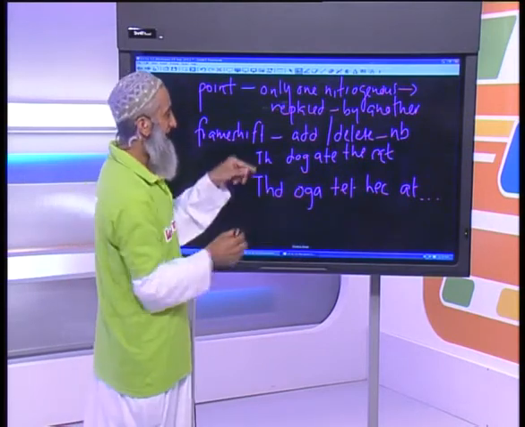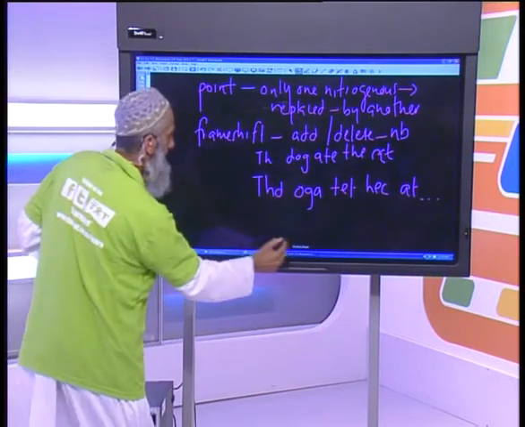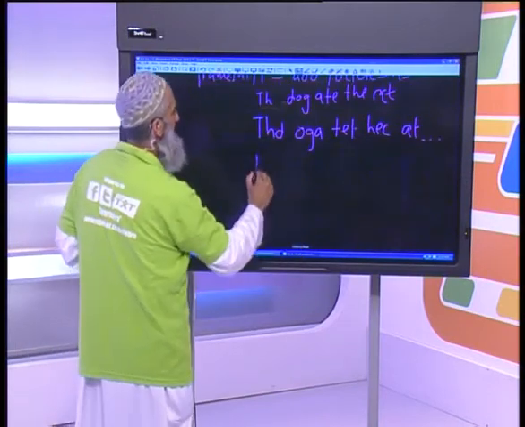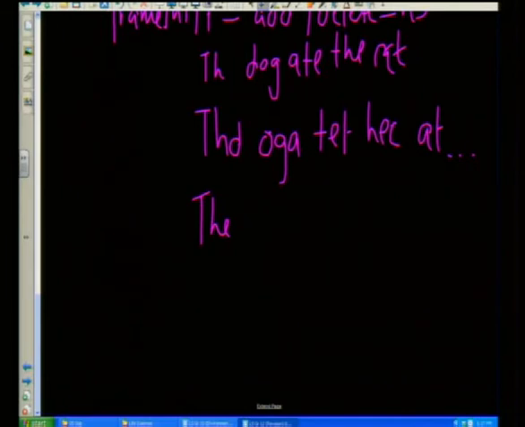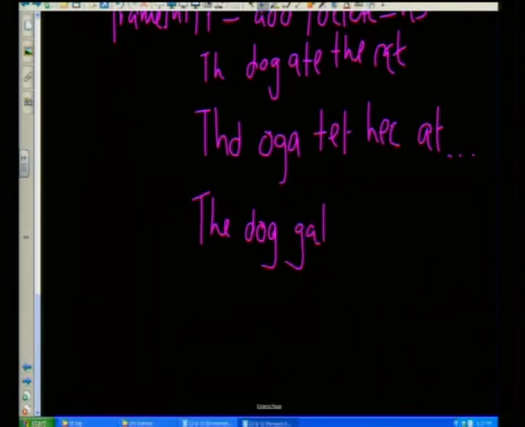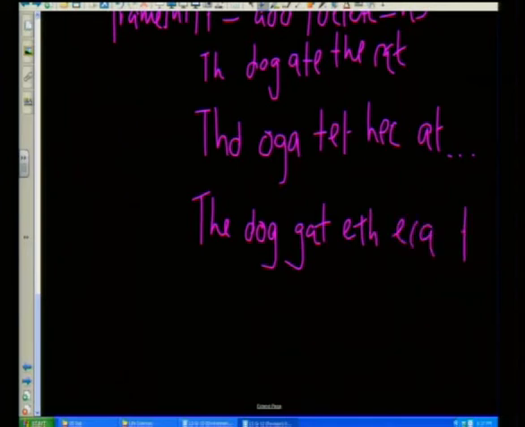When one is, in this case, deleted, or let's see what happens if we add. If we had the dog and we add a G there, now it becomes that. So in both cases, in this case, obviously you can read the dog up to the dog.